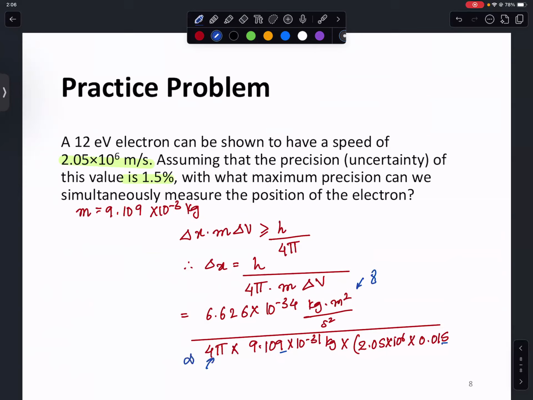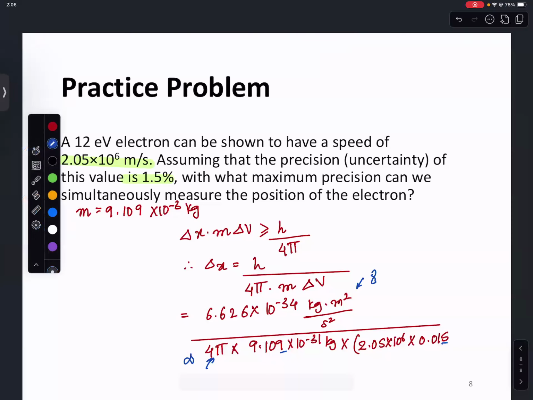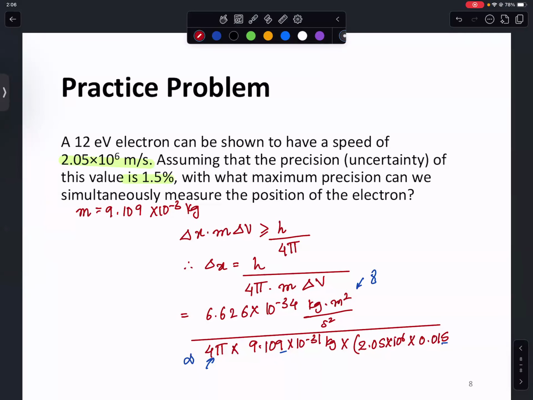This is infinite sig figs. So in this case, I can say that this is 1.8824599951 times 10 to the negative 9th meter. And if I round this to 2 sig figs, it becomes 1.9 times 10 to the negative 9th meter.